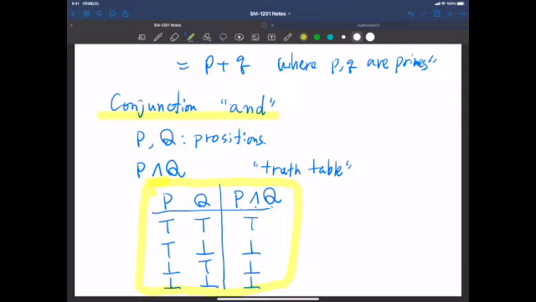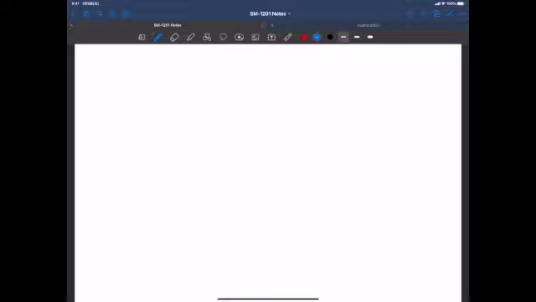Next, we define another operator called disjunction, which really means logical or.